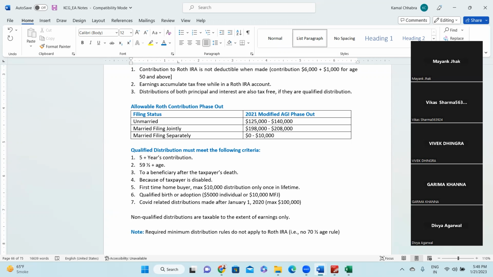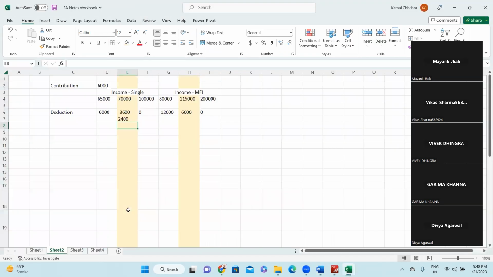Same way, for example, here it is married filing separately. The maximum contribution is 6,000. If his or her income is, let's say, $5,000, and let's assume $8,000, and let's assume $15,000. In case of $15,000, zero deduction.